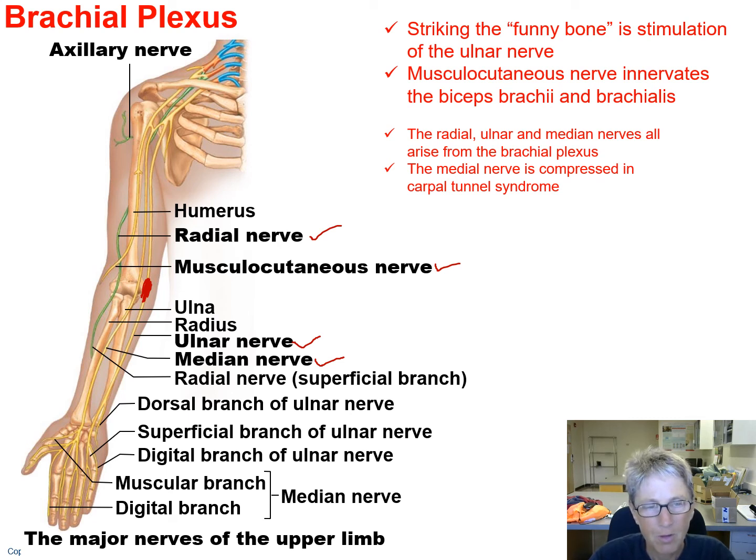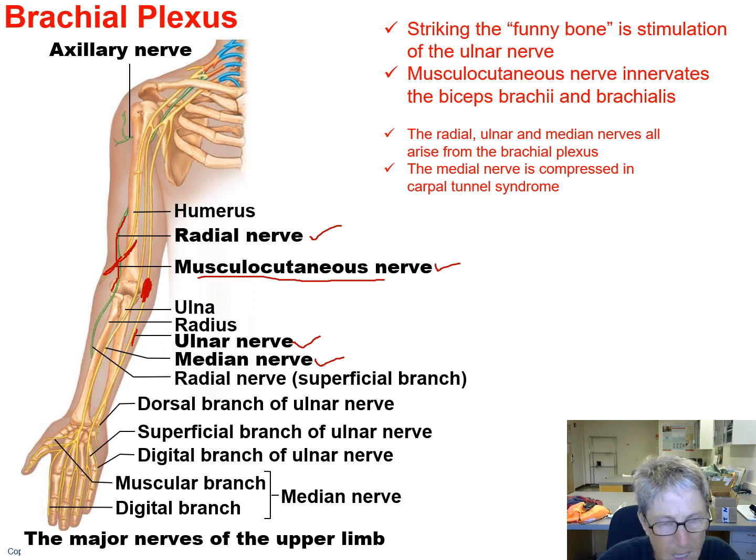And then another thing to note, the musculocutaneous nerve, so this guy right here, is going to innervate the biceps brachii and the brachioradialis. And then you can see the radial nerve, in green, the ulnar nerve here, and the median nerve here.